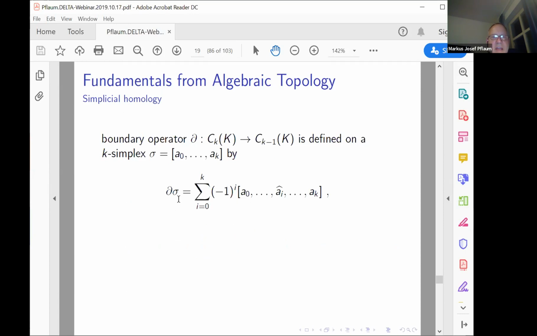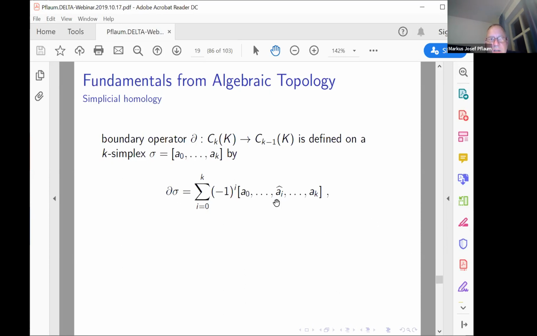So the boundary of a k simplex is the alternating sum of all of its faces which are k-1 simplices. So how many faces which are k-1 simplices does the simplex sigma have? Exactly k plus 1, namely you take out one vertex. And you run through all of these and sum up in an alternating way.